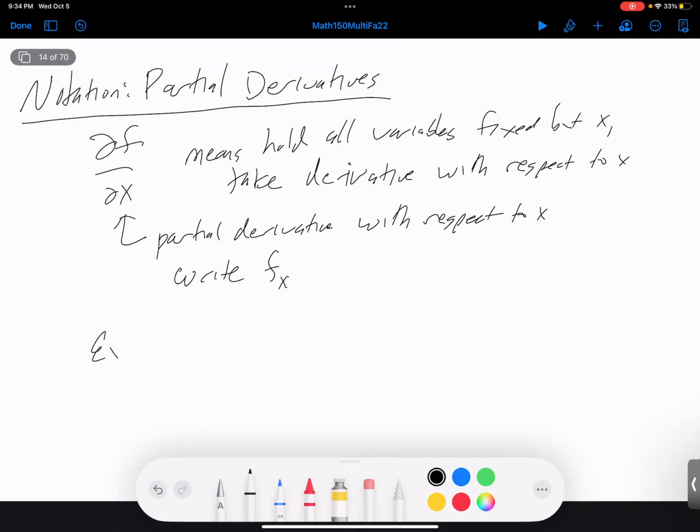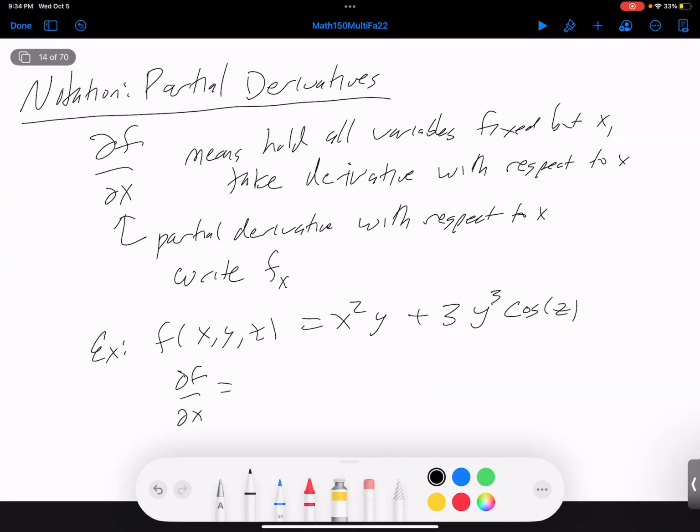So for example, if f of x, y, z is x squared y plus 3y cubed cosine z, what would the derivative of f with respect to x be? So keep all variables fixed but x. Well, I would say 2xy. Right, 2xy.